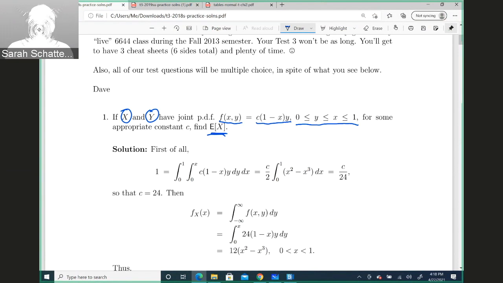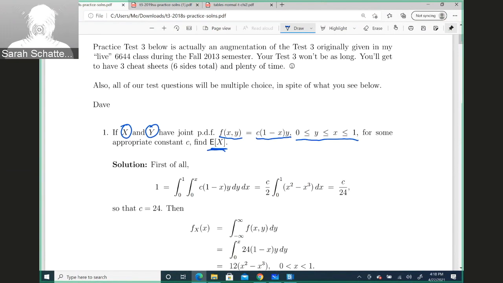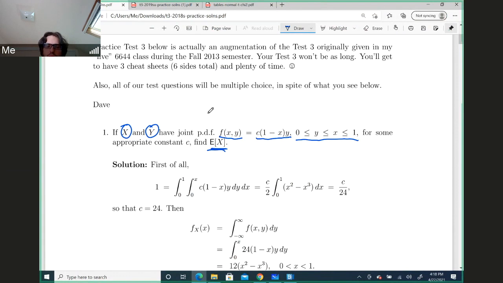So rather than jumping into what they do, the first thing I would consider, when looking at a problem like this, is how to approach it. When you have E of x, that's the primary thing that you need to get.